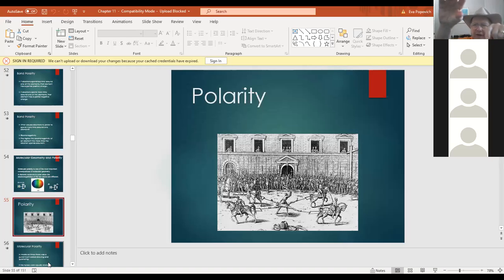Because if I have a positive up here and a negative down here, if the molecule starts to rotate this way, this negative down here is pushing the negative side away. So if I put this molecule in a magnetic field, it's not going to rotate. Does that make sense to you? Yeah, it does.